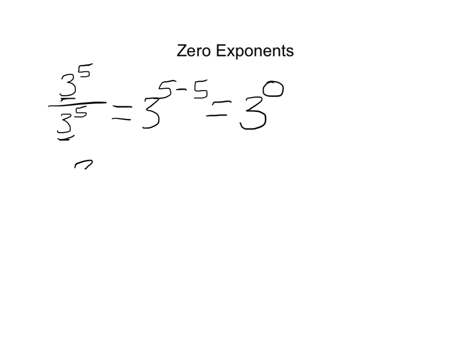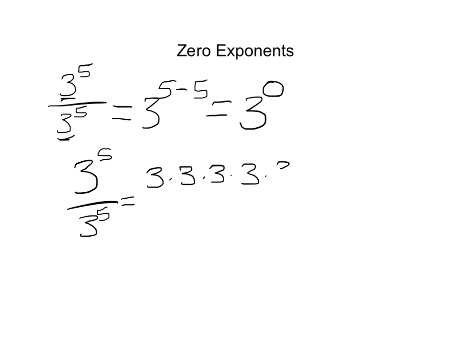So let's rewrite this. If I have 3 to the 5th over 3 to the 5th, let's expand each of these exponents. 3 to the 5th is 3 times 3 times 3 times 3 times 3, and that's all going to be over the same thing, 3 times itself 5 times.